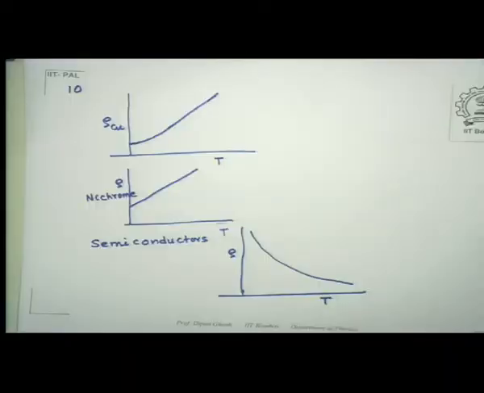But if you have a semiconductor, as you increase the temperature, the conductivity increases and the resistance decreases. So this is a much better way of distinguishing between them. So let me take an example and work out a few things which explains some of these things in detail.